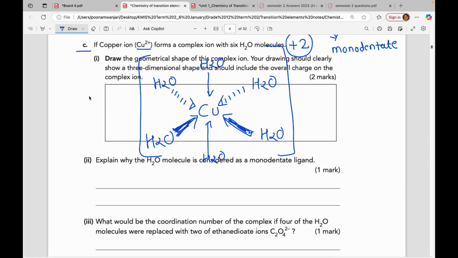Now then, part C has 3 sub questions. We have finished one. Then sub question 2: Explain why water molecule is considered as monodentate ligand.